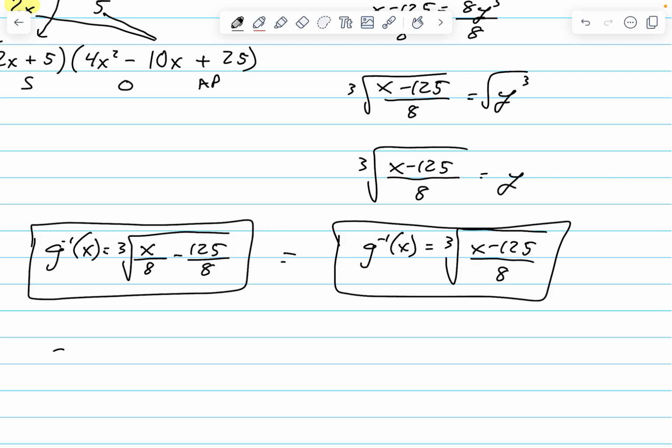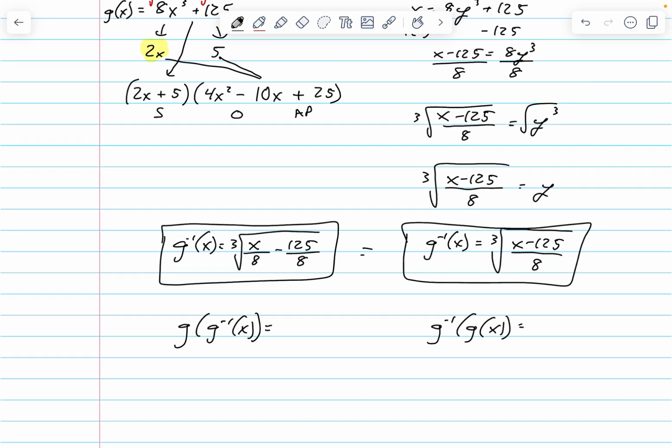Okay, and then just reminding us for the proof, you have to take the inverse and plug it in for the x's of the original, and then vice versa. Plug the original into the x's of the inverse. So just to show you one example, here's my original, 8x cubed plus 125. I'm going to take my inverse, cube root of x minus 125 over 8.